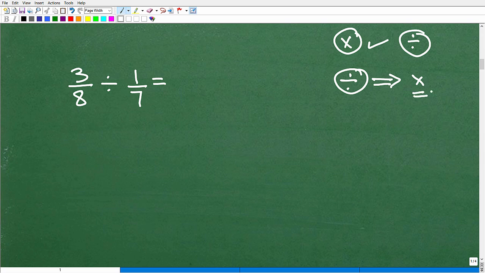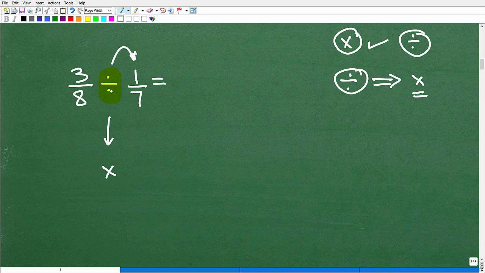Okay, so here we have one fraction, 3/8 divided by 1/7. We're not going to do this problem. We're going to change this division problem into a multiplication problem. Okay, so how does that work? Well, here's how it works. The fraction to the right of the division operator, that's this fraction, right?